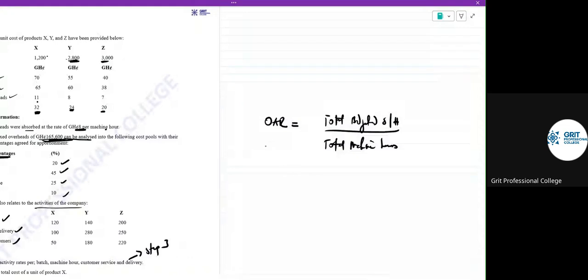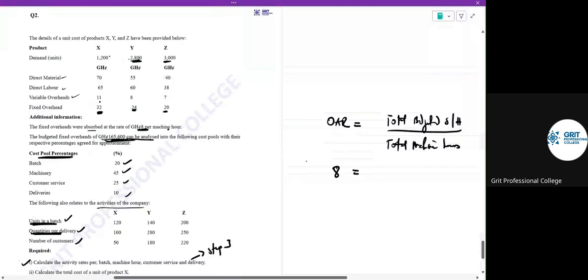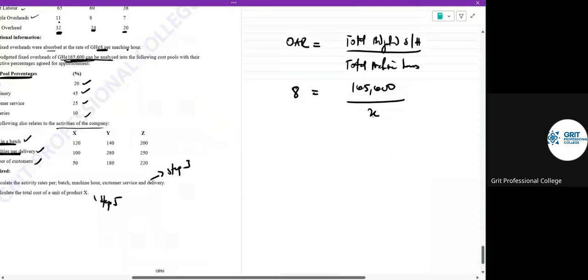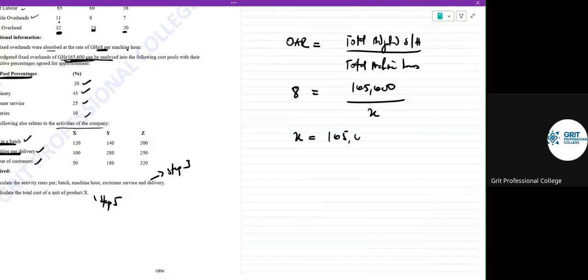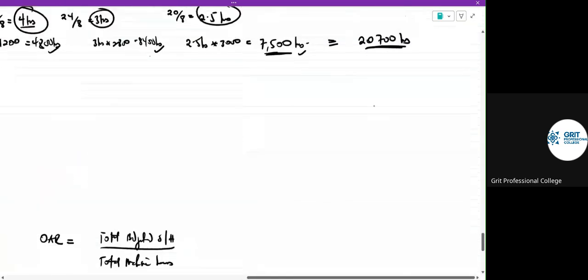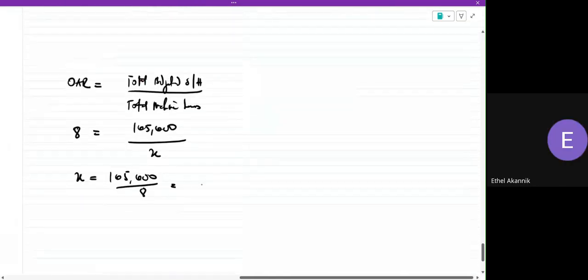All right. The OER we have in the question is 8. Total budgeted overhead from the question is 165,600. So X will represent the total machine hours. When you do your change of subject, your X will be equal to 165,600 divided by 8, and that will give you 20,700 hours.